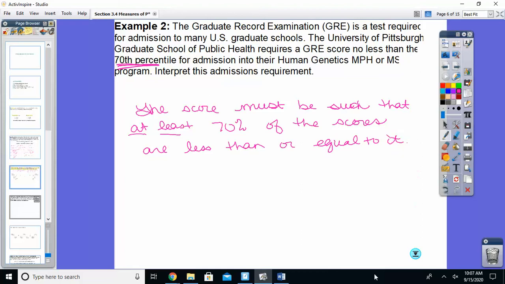So if you want to get in, when they take your score, 70% of the scores from that test have to be less than or equal to yours for you to get in. In other words, you have to be in the top 30% to get accepted. Any questions there?